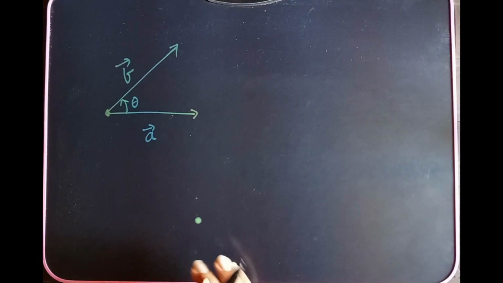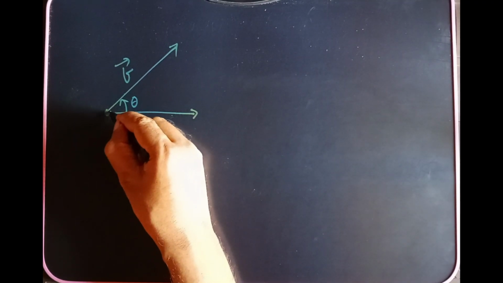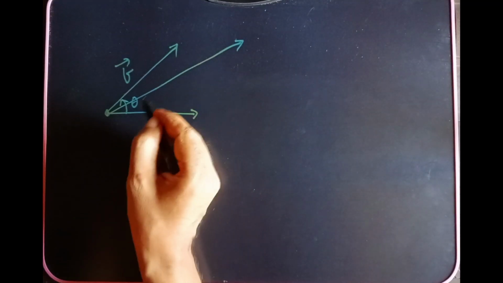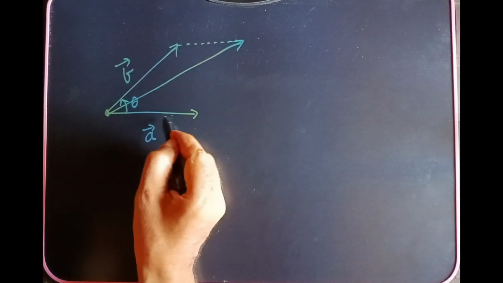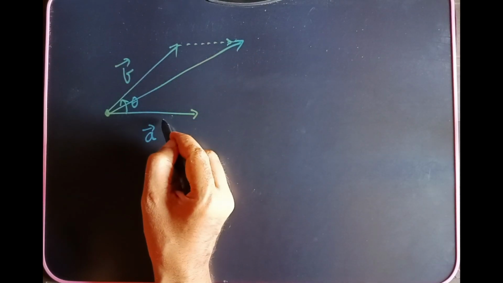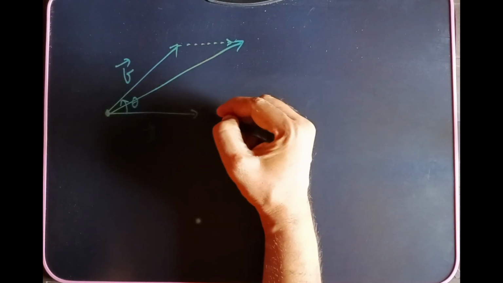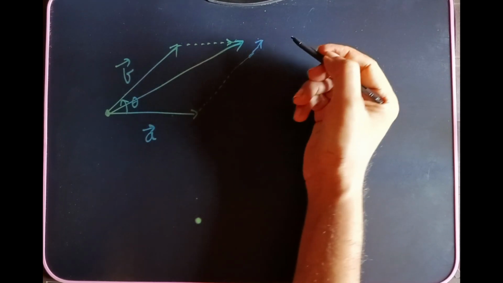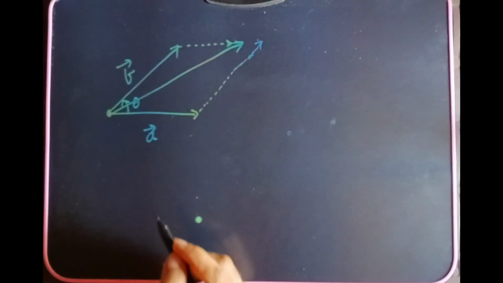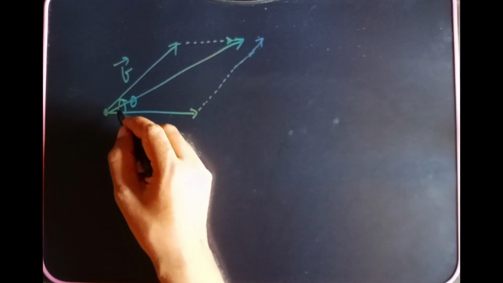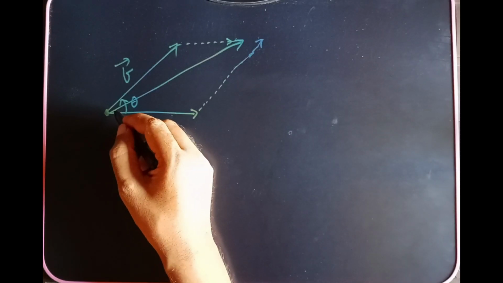If we now draw a parallelogram, this is the resultant vector here, which will come out like this. This top arrow will be parallel to A, and this will be parallel to B. So this is a parallelogram.